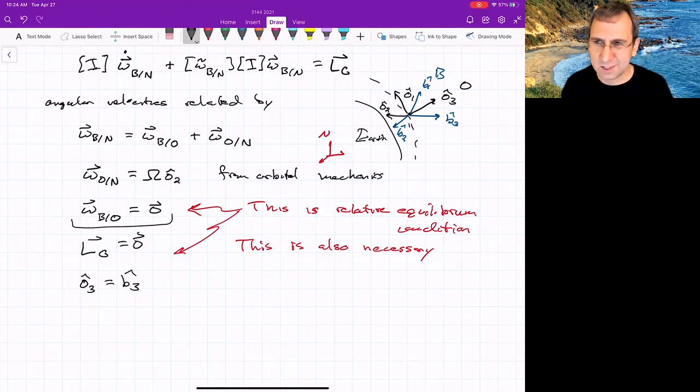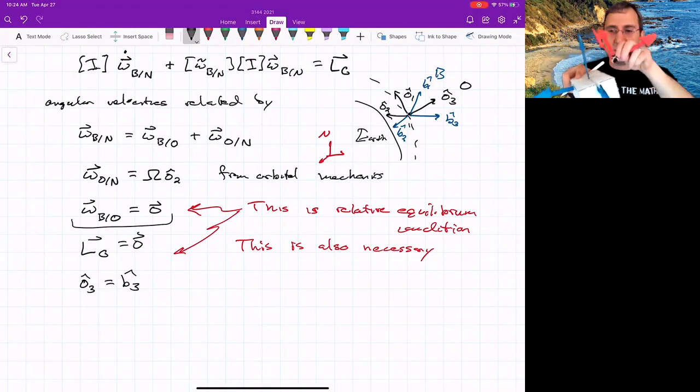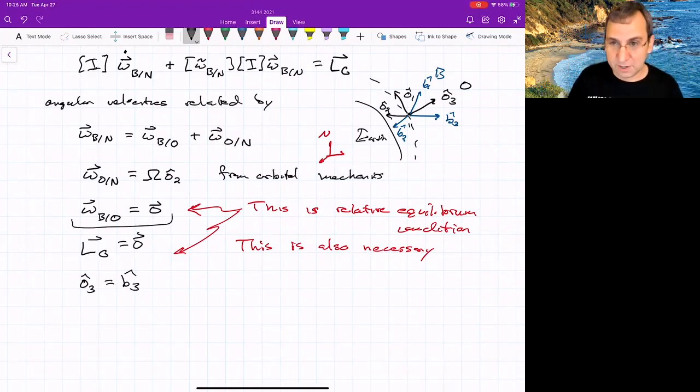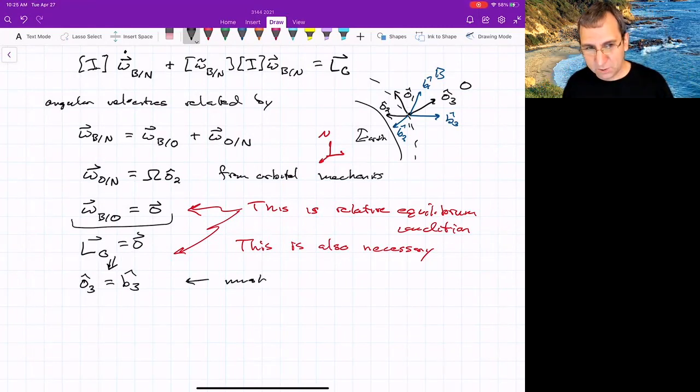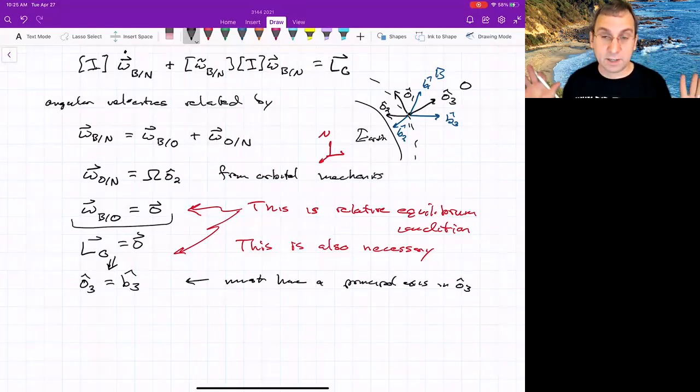We haven't yet said what the maximum, intermediate, and minimum inertia directions are. We haven't got to that yet. We're just saying, if I call this my B3 direction, and this is my orbital direction, then these are aligned. The third axes are aligned, maybe not the other two, at least the third one is. The moment due to gravity, LG, being 0 implies that you must have a principal axis in the O3 direction, and we're just picking B3.